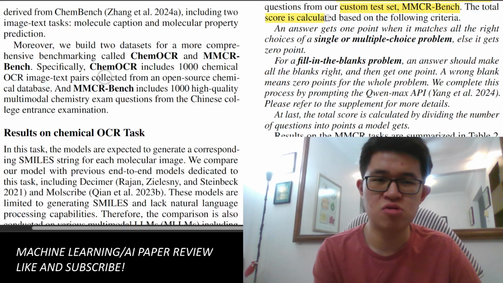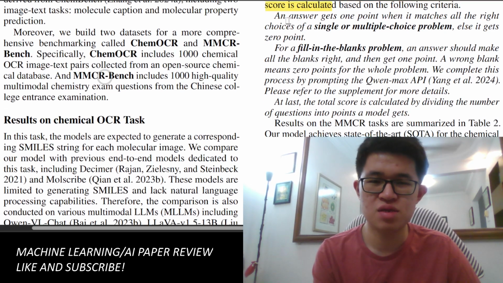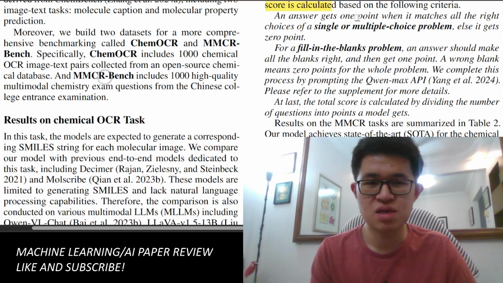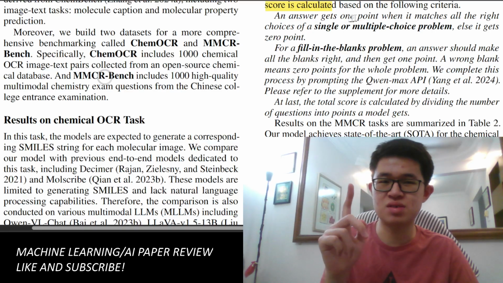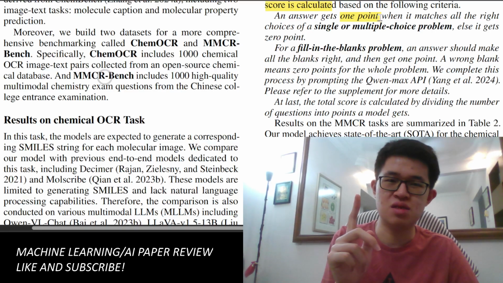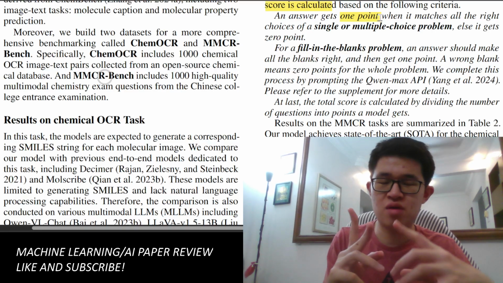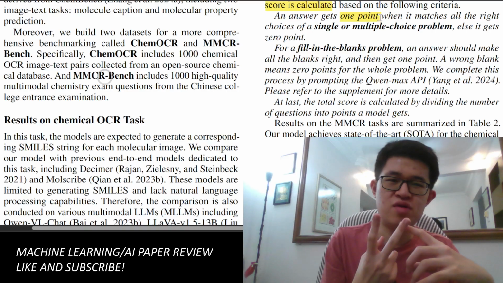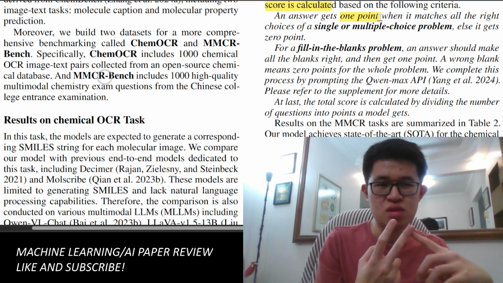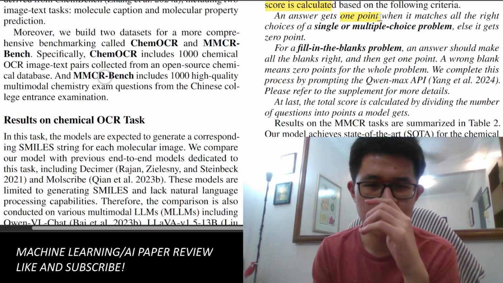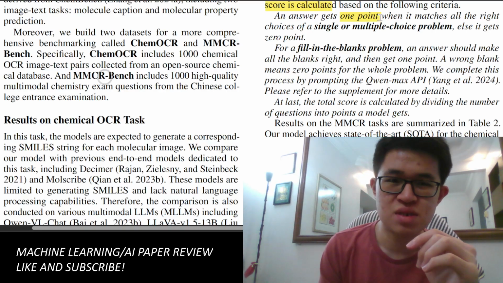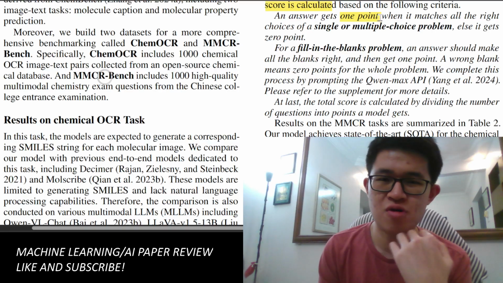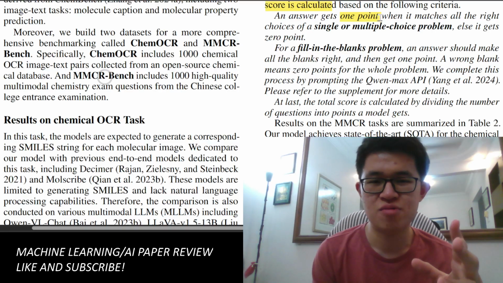And the score is calculated like this. An answer gets 1 point if the LLM matches all the right choices of a single or multiple choice problem, or else it gets a 0.